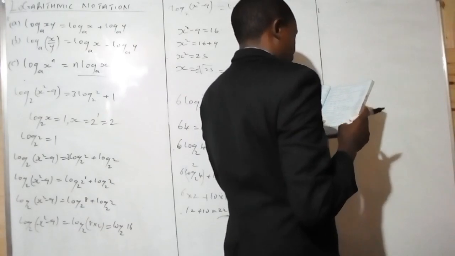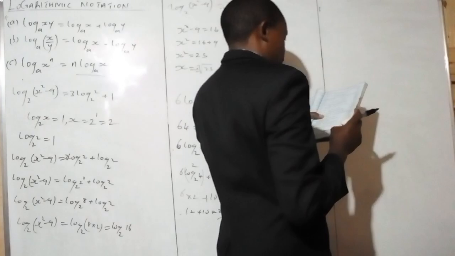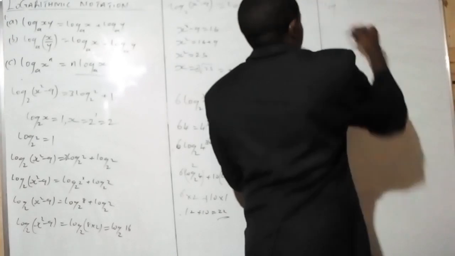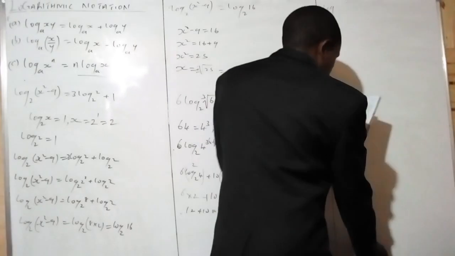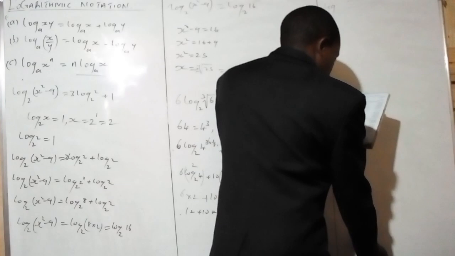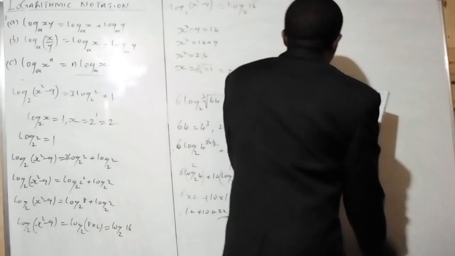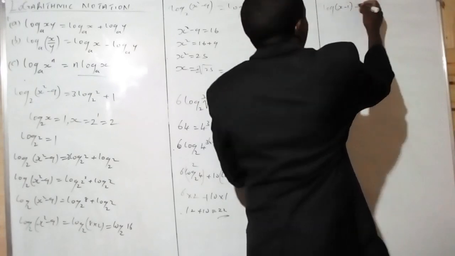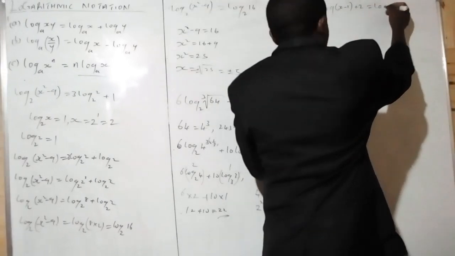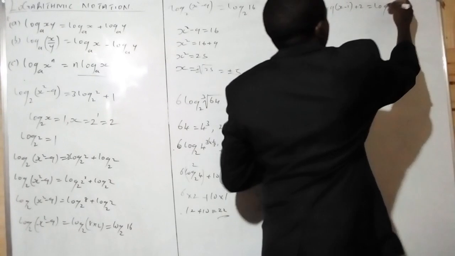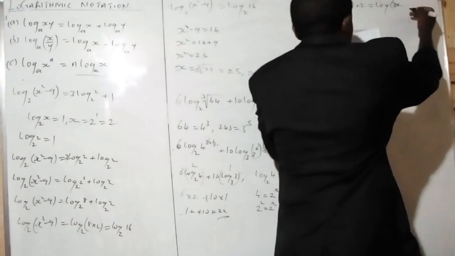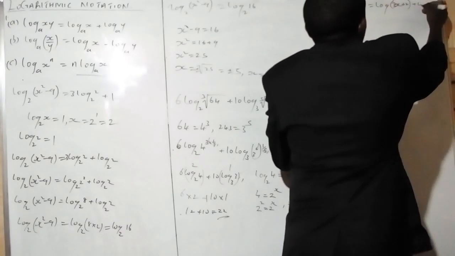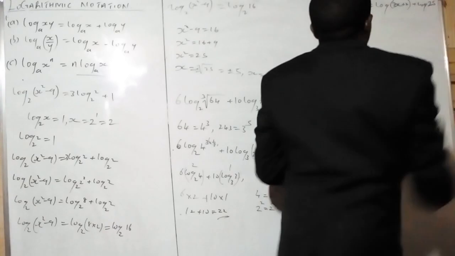So let's have this: log (x minus 1) plus 2 is equal to log (3x plus 2) plus log 25. Yeah, you can close with this.